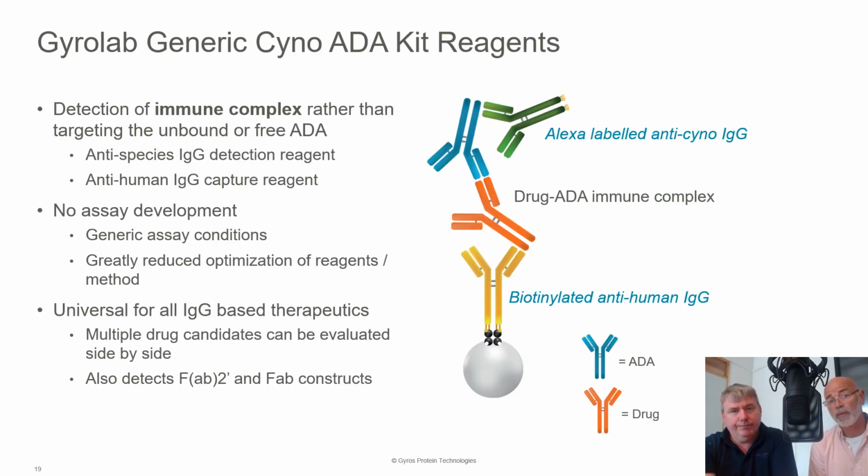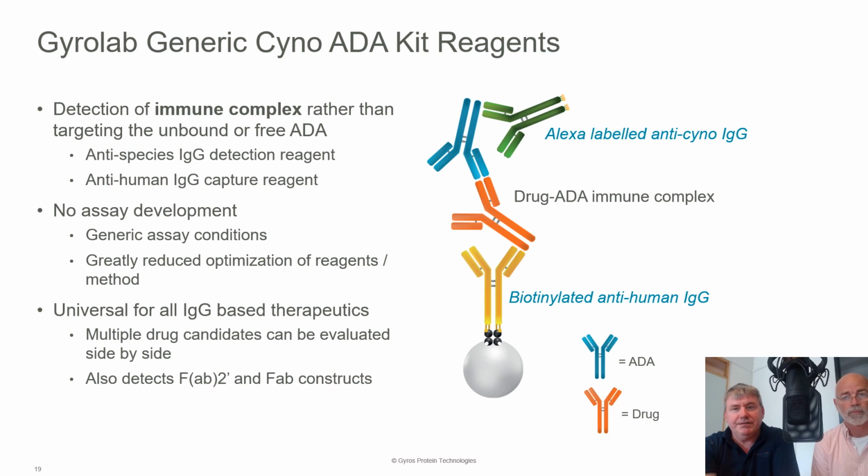So let's take a look at what's contained in the kit reagents for our generic ADA assay. Here you can see we have a detection of an immune complex, rather than targeting the unbound or free ADA. So this is an anti-species IgG detection reagent coupled with an anti-human IgG capture reagent.